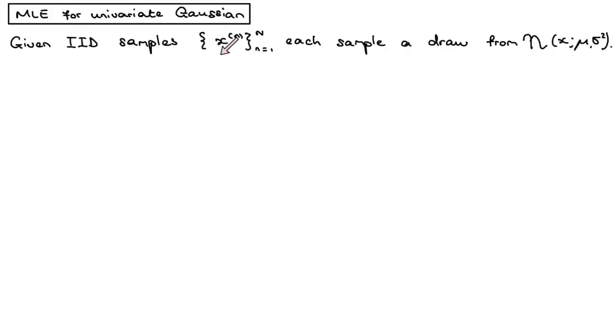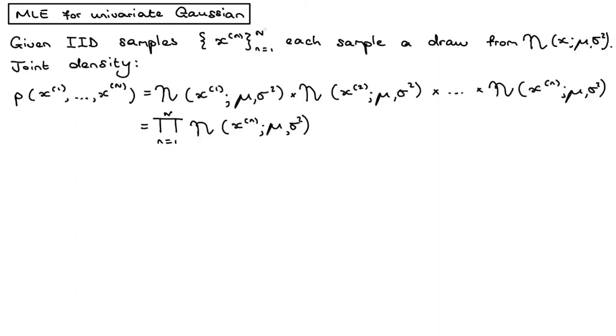So we're given this set of samples, and each sample is a draw from this Gaussian distribution. And as a reminder, we don't know the values of mu and sigma squared. So the joint probability density function over these n points that I'm given can be written out in this way if the points are IID.